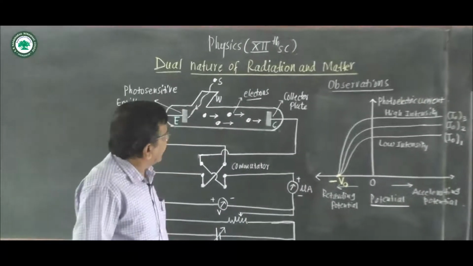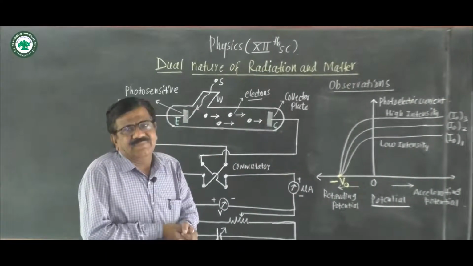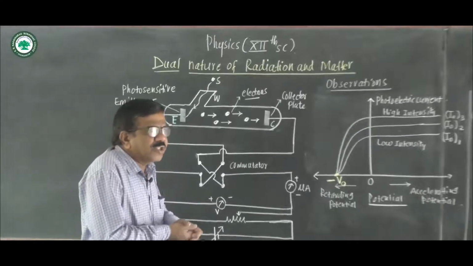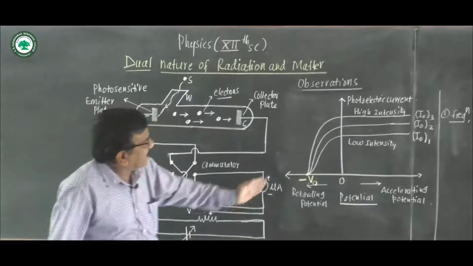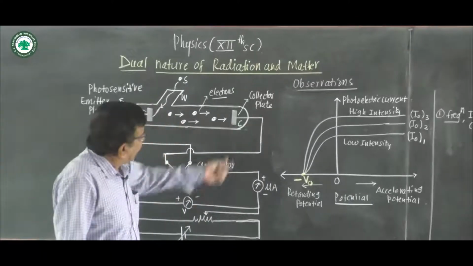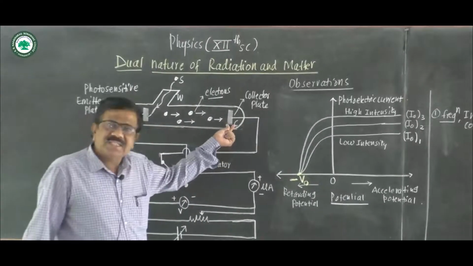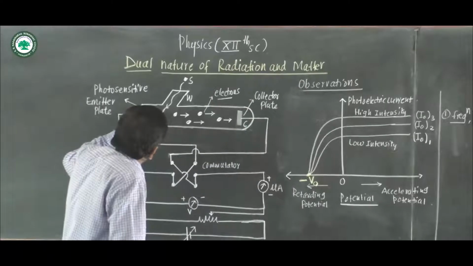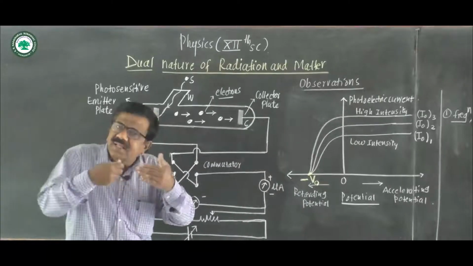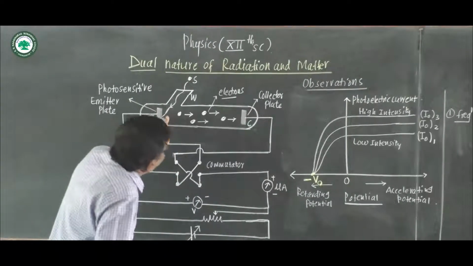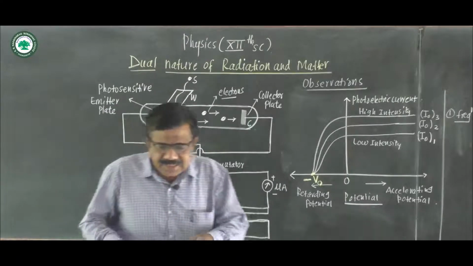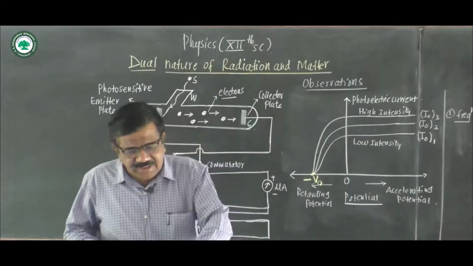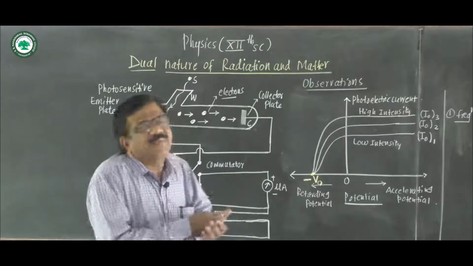The positive potential given to the collector is increased, the photoelectric current goes on increasing, and at a certain positive potential, all the electrons emitted by the emitter are collected by the collector and the photoelectric current reaches a constant value or maximum value.